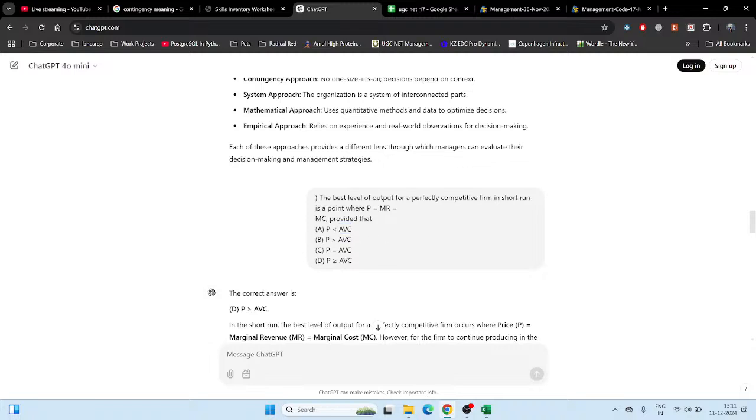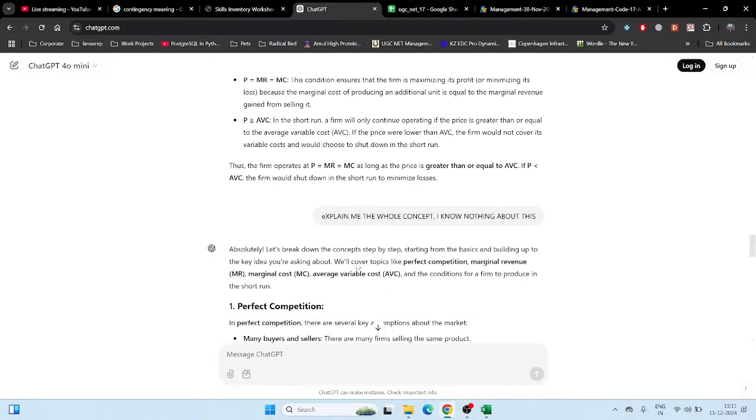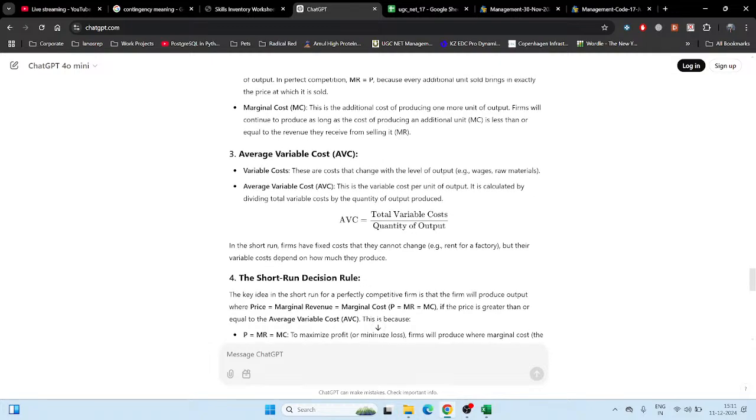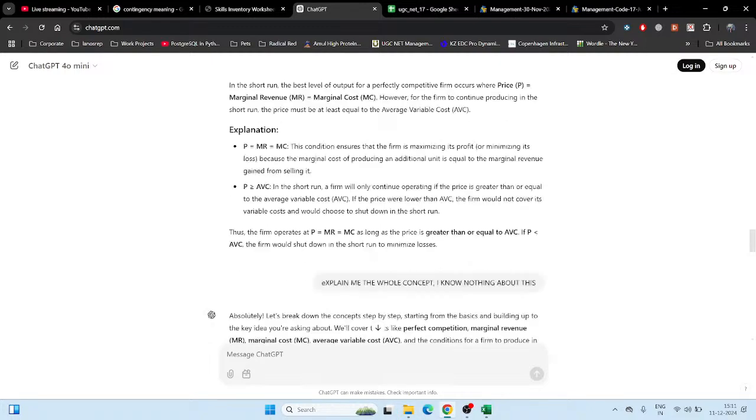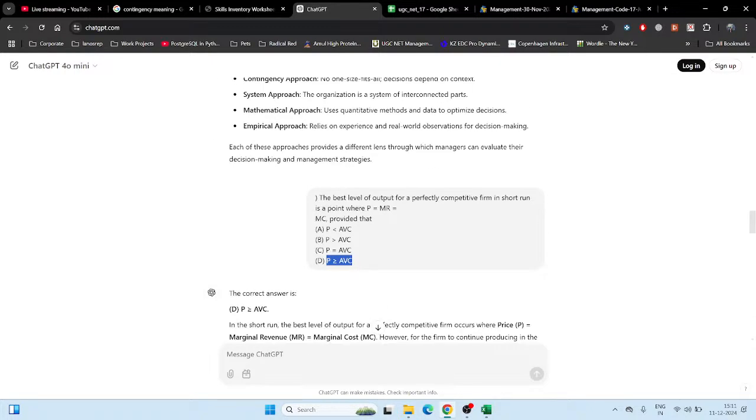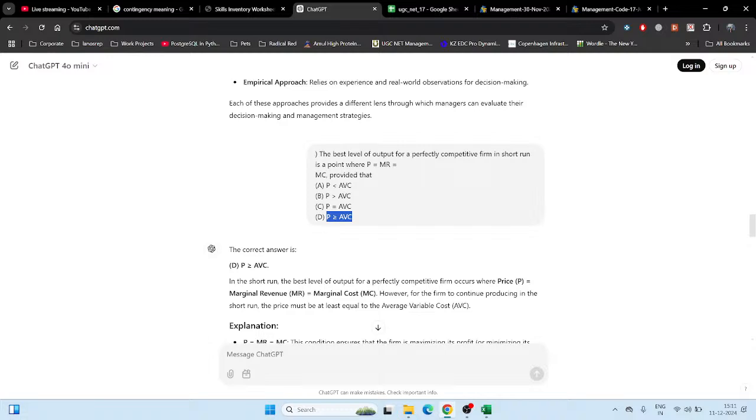Loss. If the price is equal to or greater than, even if you consider this, but even if it is equal to, the issue is this: I believe the answer should be B, because even if it is equal to average variable cost, you cannot cover it. It has to be greater than or equal to.